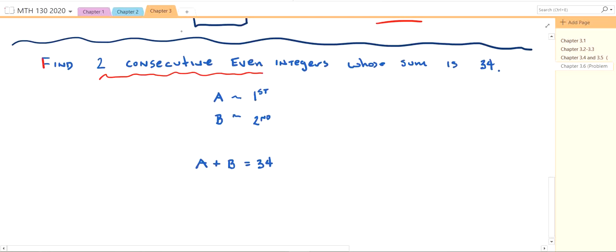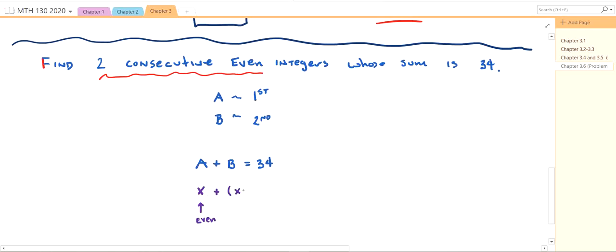So how could I write that? Well, all right, if I write this as x for a, and then b, if it's going to be an even integer, that means it's not going to be the very next. If I start out with the first integer is even, then if I add 1 to this, I'm going to get an odd number.